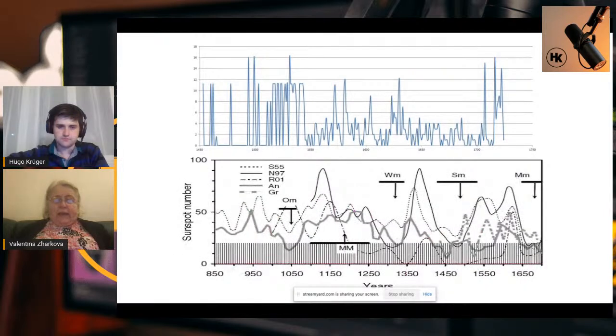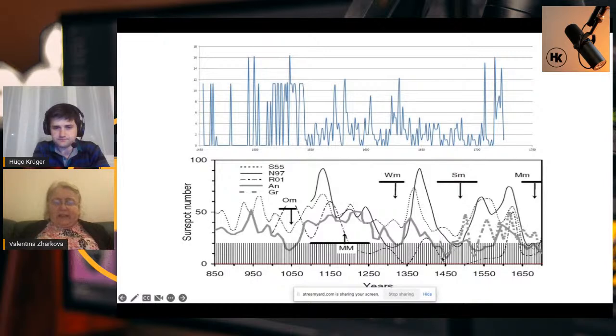Even if you look at the ice detected in Greenland, this is Greenland ice, and this is ice in Antarctica.